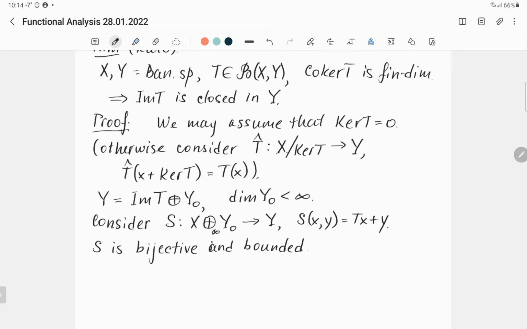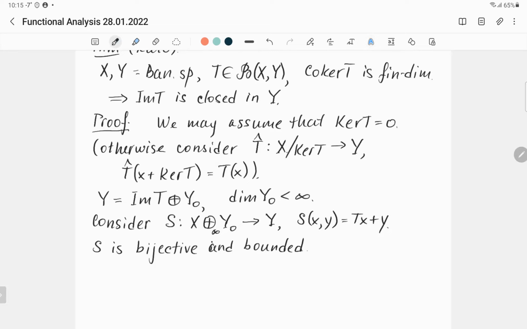And now let's observe that S acts between Banach spaces. So Y is a Banach space, Y0 is a Banach space because it is finite dimensional. Well, a finite dimensional subspace of a normed space is always closed. And so in particular, it's a Banach space. And X is also a Banach space. And the L infinity sum of two Banach spaces is a Banach space. So S is a bijective bounded operator between Banach spaces.